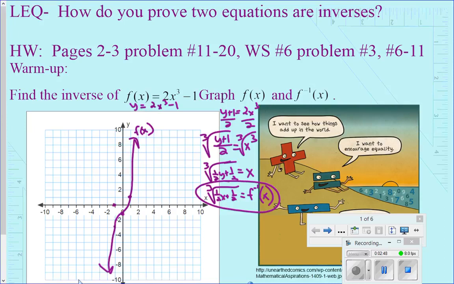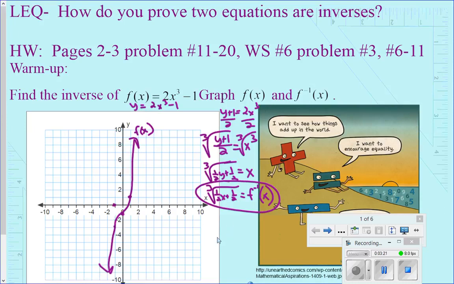And let's see, negative 3. Negative 3 times 1/2 is negative 3/2. Negative 3/2 plus 1/2 is negative 2/2, which is negative 1. Cube root of negative 1 is negative 1.